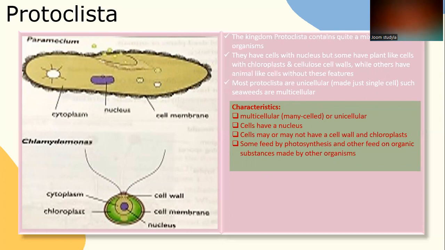If you eat seaweed, it consists of more than one cell. So the characteristic of Protoctista is that they are multicellular, with many cells, or unicellular, and the cells have a nucleus. Cells may or may not have a cell wall and chloroplasts. Some feed by photosynthesis and others feed on organic substances made by other organisms.